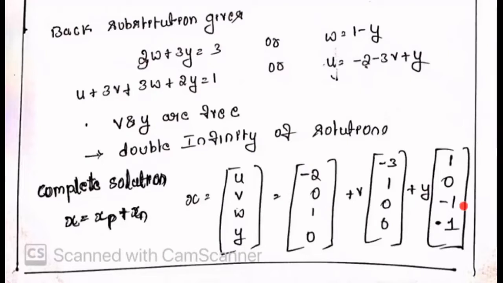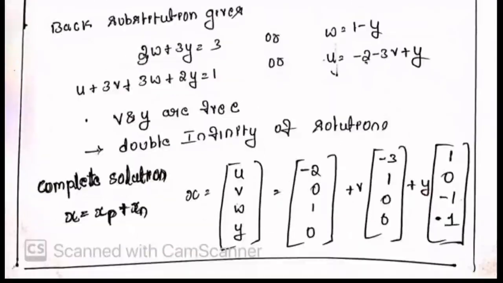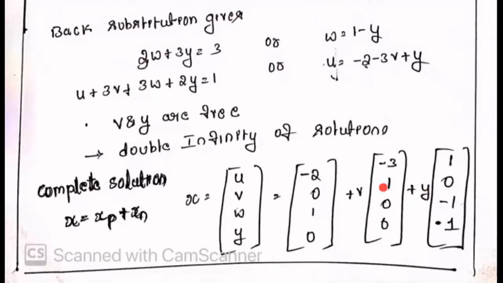If you remember the previous problem, this is what we got, right? Only these 2 things we got in the previous problem, because it was in the format Ax equals 0. In this problem, it is in the format Ax equals b, right? Some constant is there on the right-hand side. That's why you are getting one more vector here.